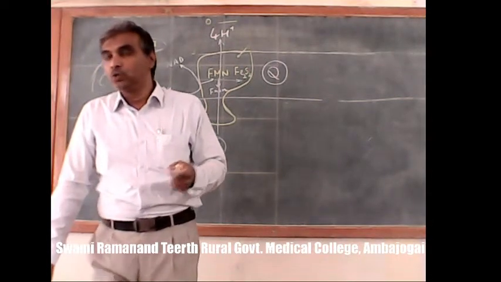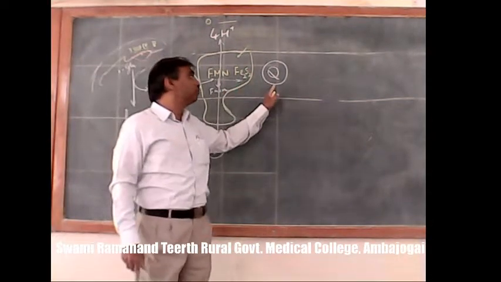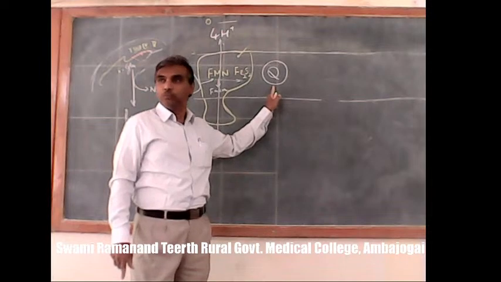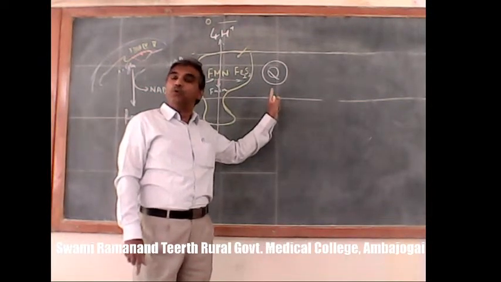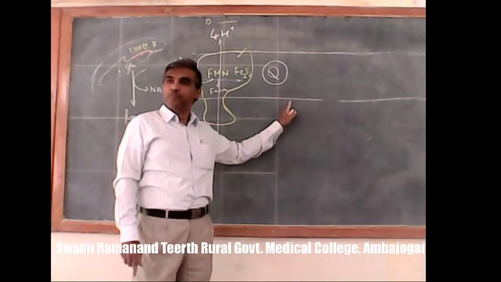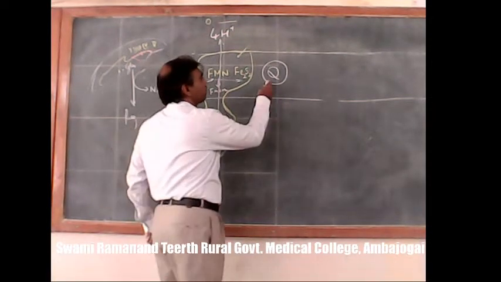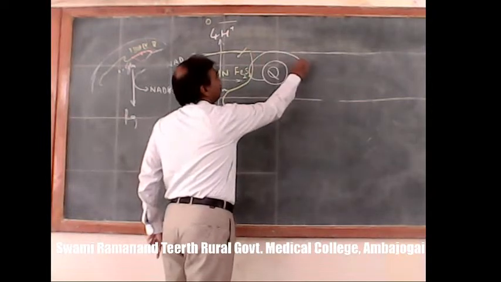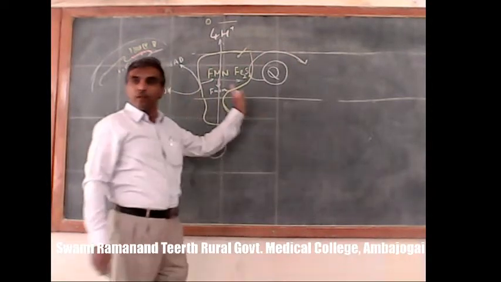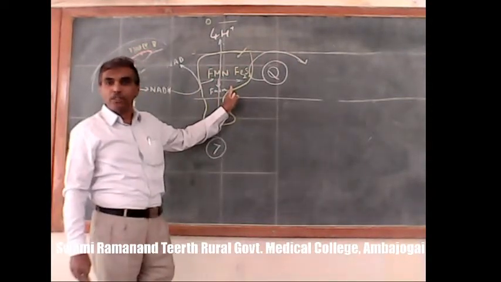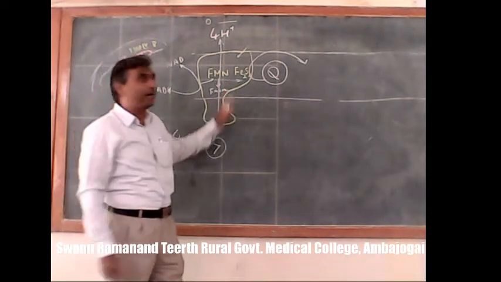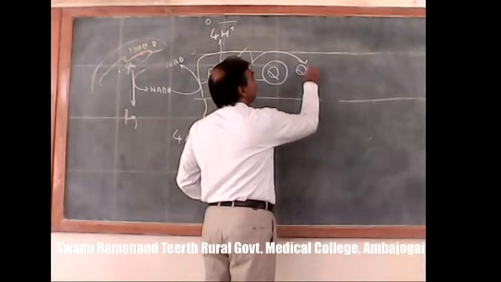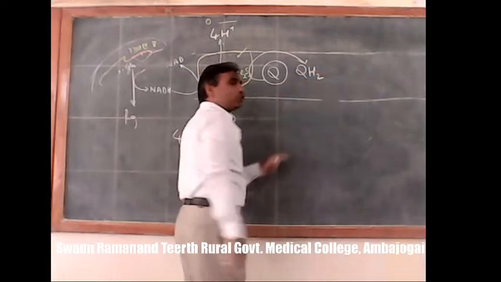So this is lipid soluble, or rather than soluble, we can say that it can move from its original position in any direction. So it accepts the reducing equivalents from this complex and is converted into reduced phenol.